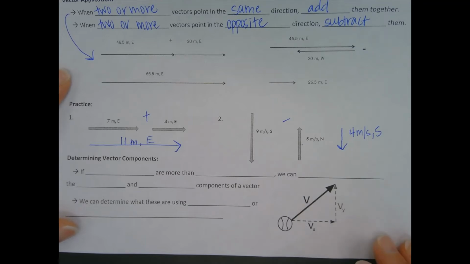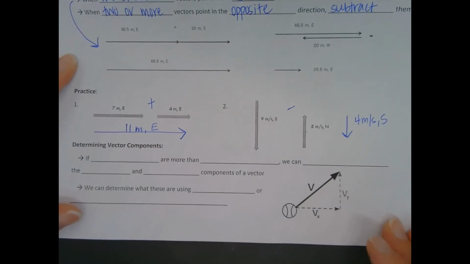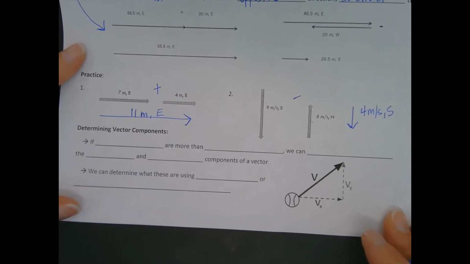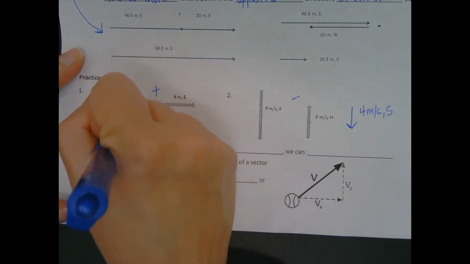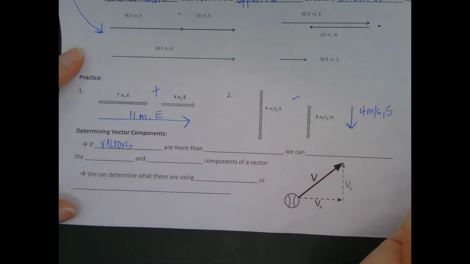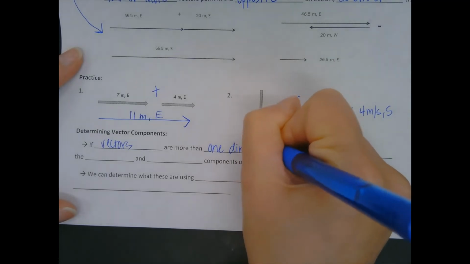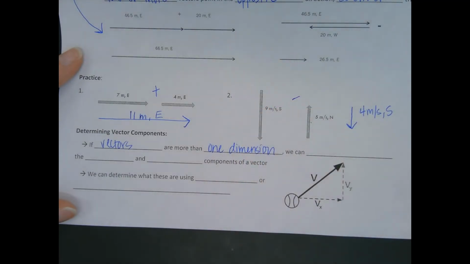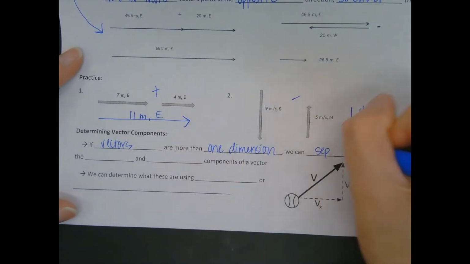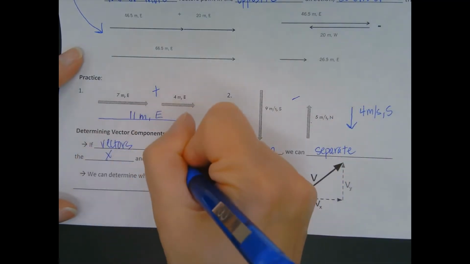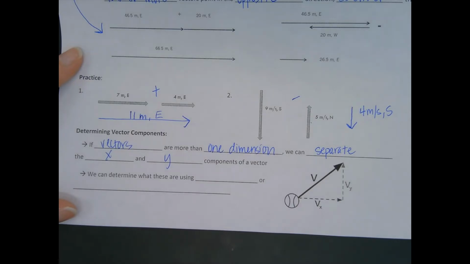Brilliant. Okay, well this is really awesome when they're all in one dimension. Yeah? Because we just add and subtract. But they're not always going to be just in one dimension. So if the vector quantities are in more than one dimension, we can separate the x and the y components of a vector.